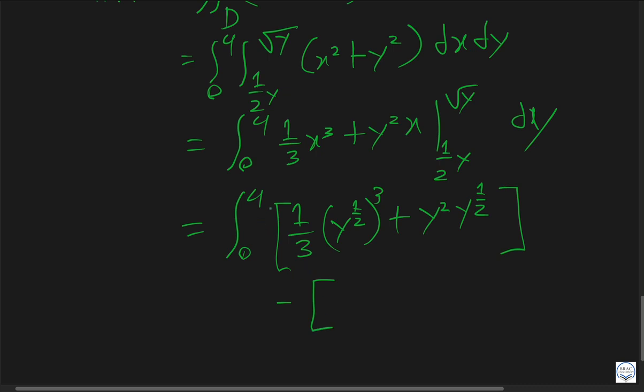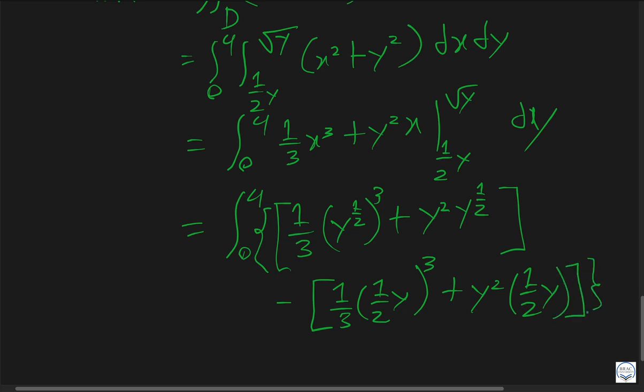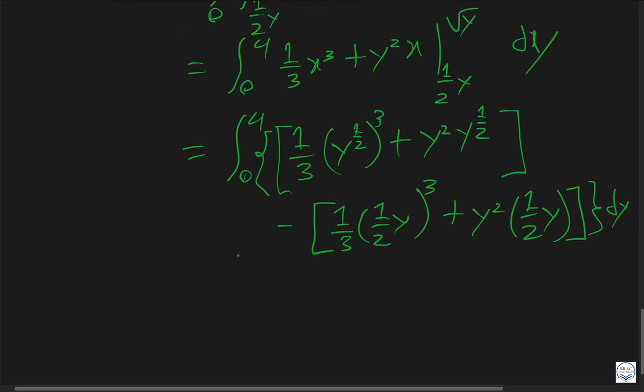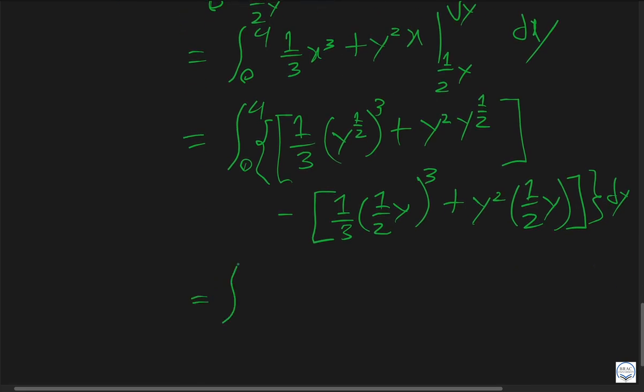Let's write it this way, minus one-third times, we just substitute the lower limit here, half y whole cubed, plus y squared times half y, and this has to be done again in dy.